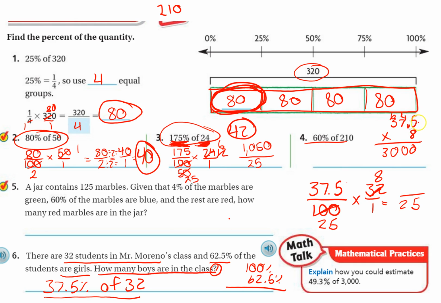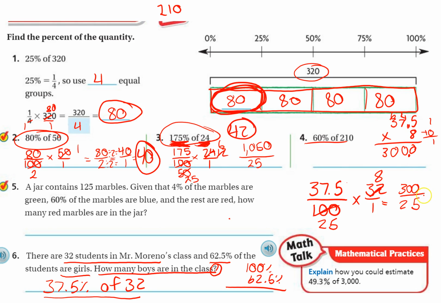I got one number behind the decimal here. I have no numbers behind the decimal here, so I need to move the decimal over 1. I don't see a decimal, so it's hidden behind here. I move it over 1. That's 300.0, but since it's 0.0, I can just leave that off.